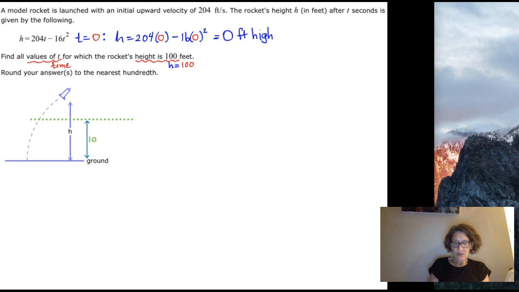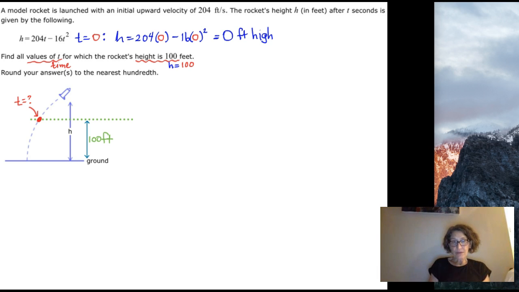So if h equals 100, I drew a little line. So there's 100 feet. And if we look at the picture, it looks like the rocket has passed through 100 feet at some point. There's a point in time when the rocket was 100 feet high. And so we're looking for that time.